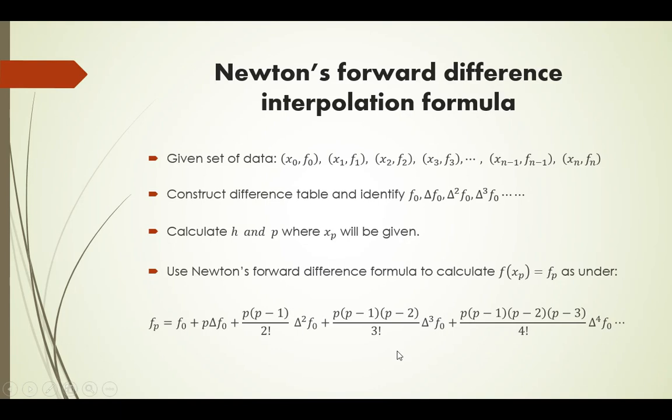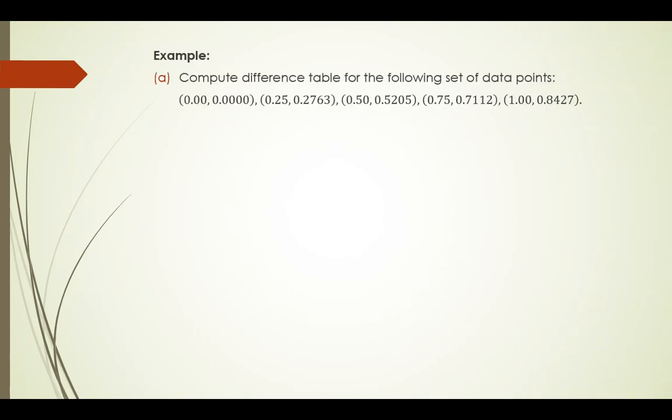So let us start. Let us solve an example, a question, in order to explain this formula. Here's an example. The first part is to compute the difference table for the following set of data points.